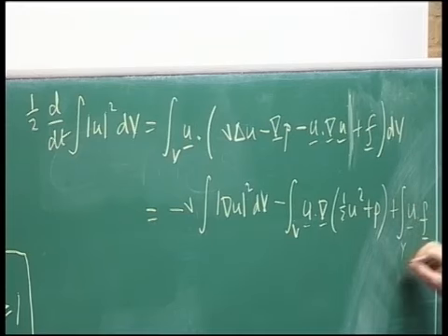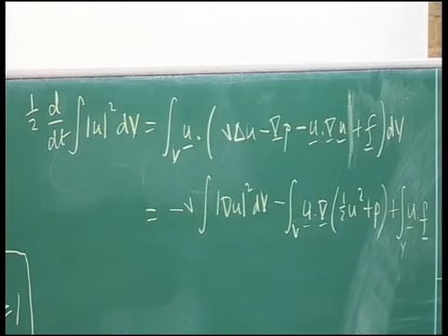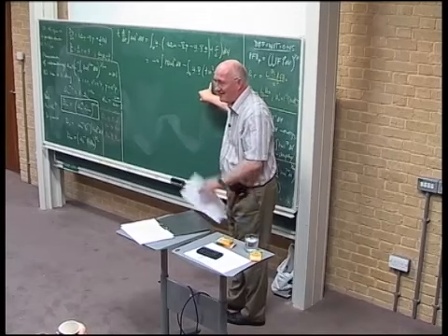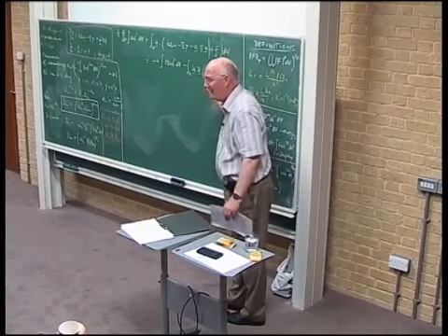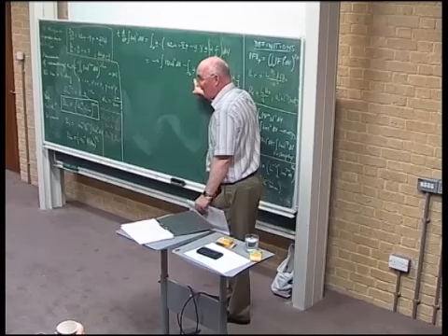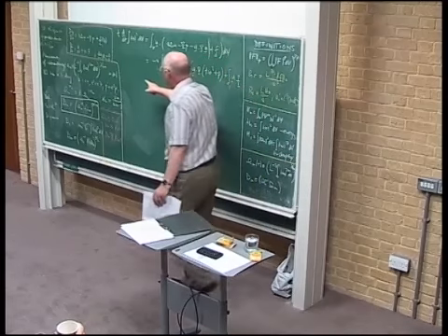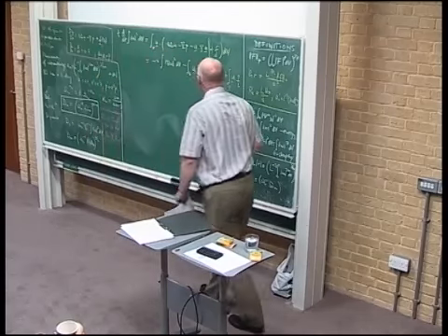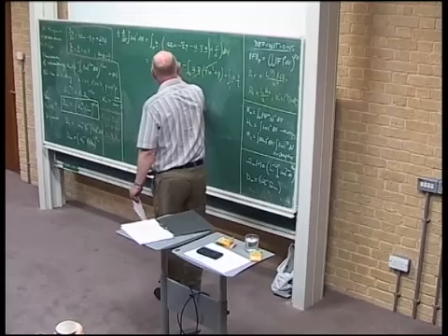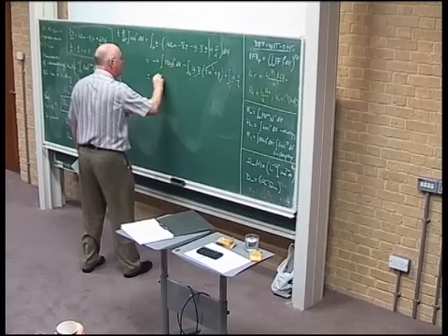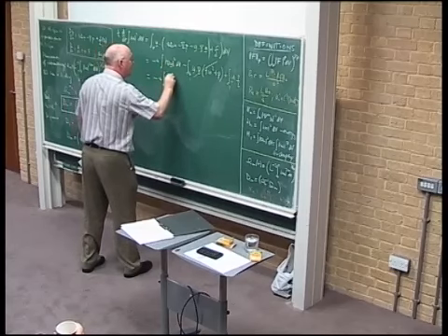Okay. Now, as all good undergraduates know, u dot grad phi is div of u phi, which disappears because of periodic boundaries, plus phi times div u, which is 0 because we're in an incompressible flow. So this has disappeared. This thing in L2 on periodic boundaries for divergence-free fields is none other than omega squared.